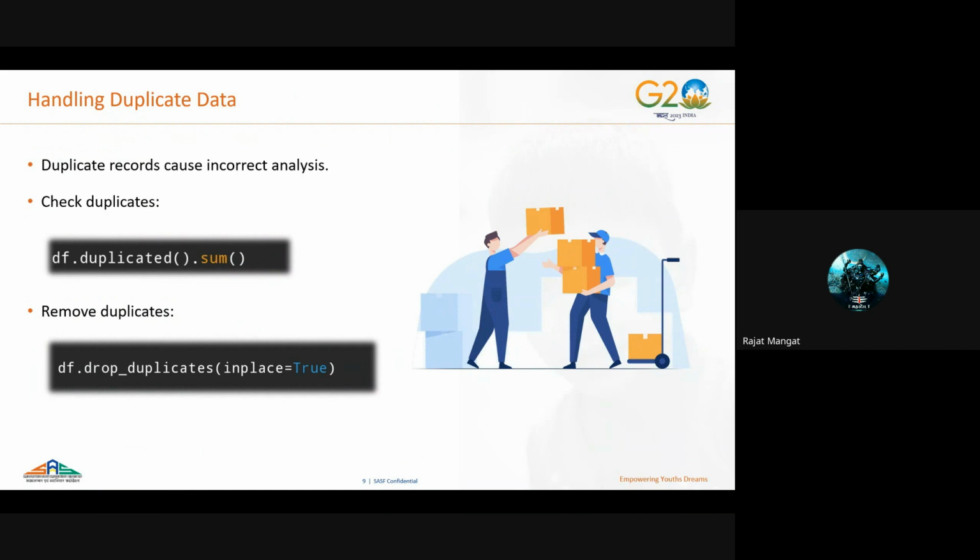We are using inplace equal to True here so that our data gets replaced in that particular file which we have used. It will not create a modified version.